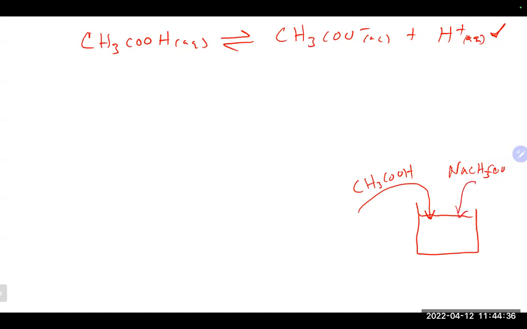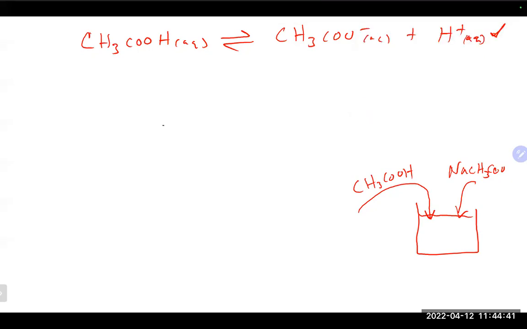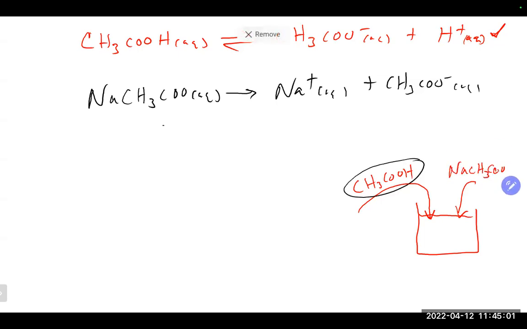sodium acetate is a salt, and as we know, a salt will pretty much break apart. So when we have sodium acetate in solution, it will not stay together. It will 100% break apart into sodium ions and acetate ions. So basically, when we dump both of these things into the solution, it is going to A, set up this equilibrium, and B, generate these ions in solution in that beaker.